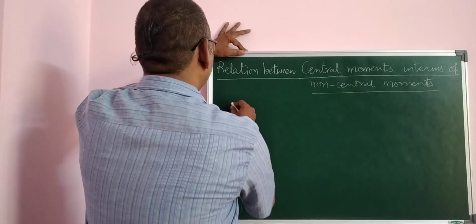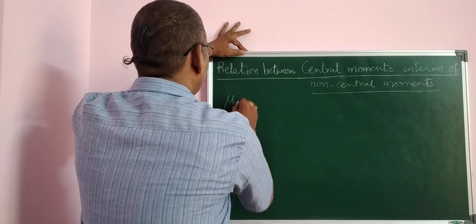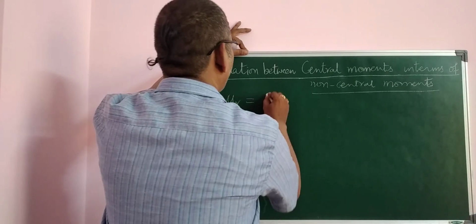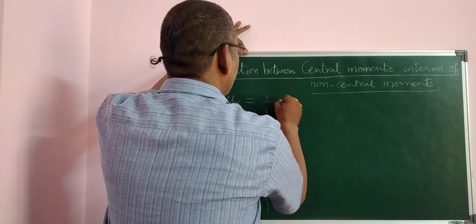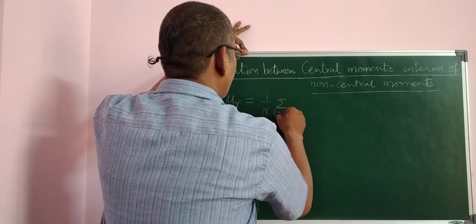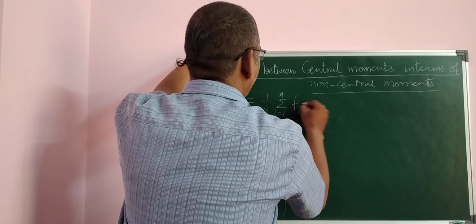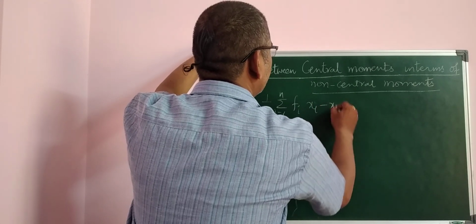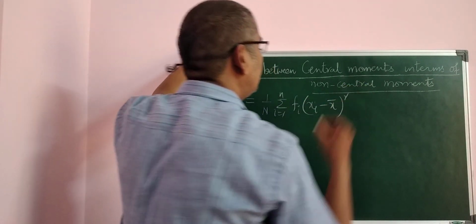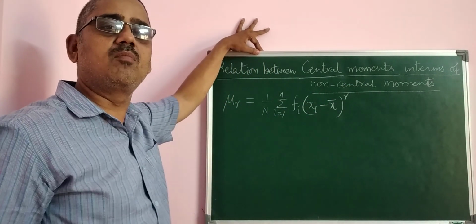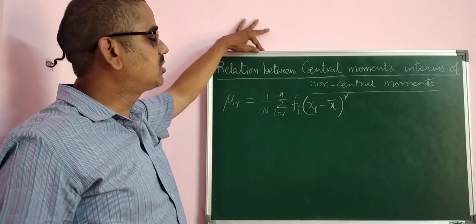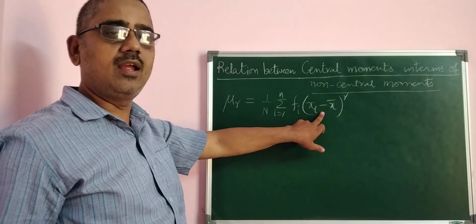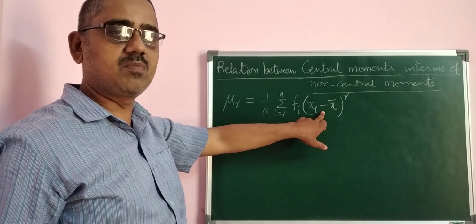Now I am considering central moments: mu r is equal to 1 by n summation i equal to 1 to n, fi into (xi minus x bar) whole power r. This is the formula of central moments, inside which I am adding and subtracting a in the term xi minus x bar.